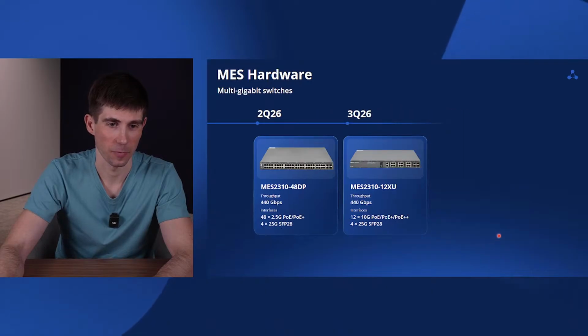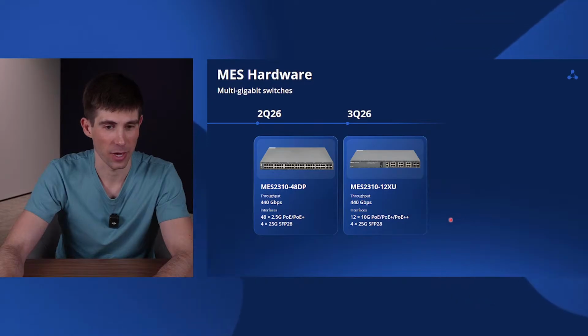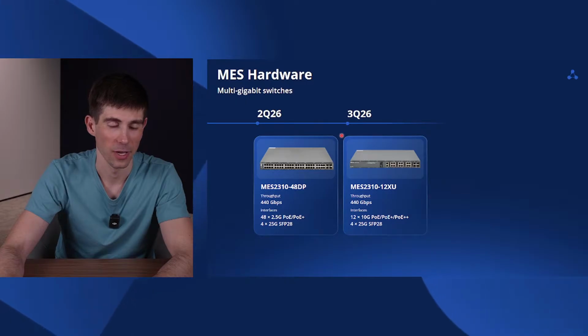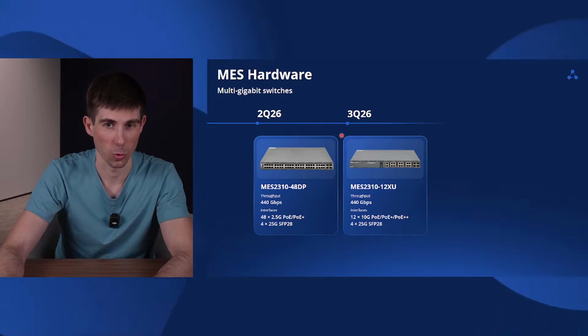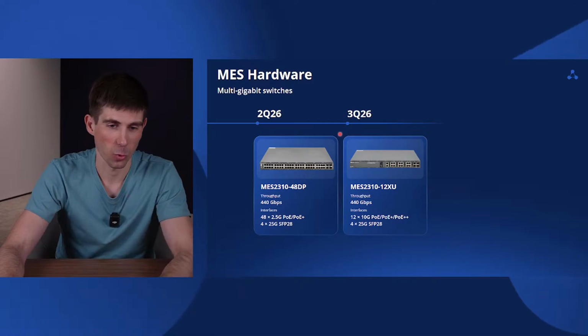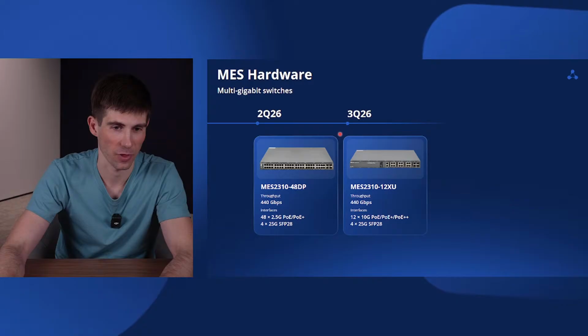The multi-gigabit switches that are coming up, the 2310 series. The 2310-48P is the 2.5 gig device with PoE, and they are both more or less designed with wireless access points in mind, because the majority of our access points are multi-gig as well.